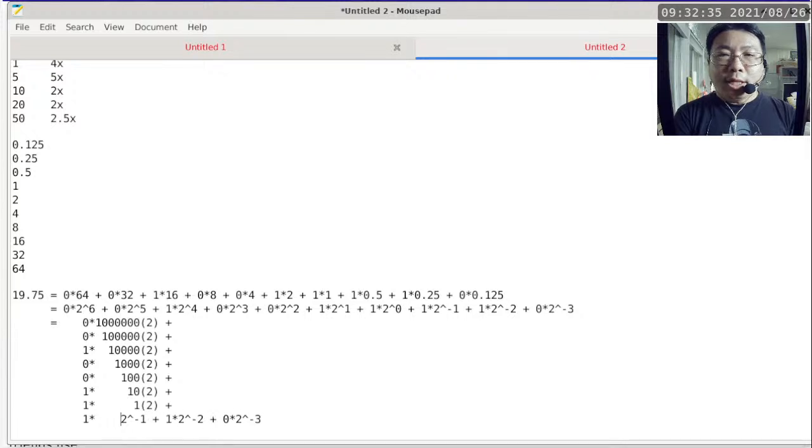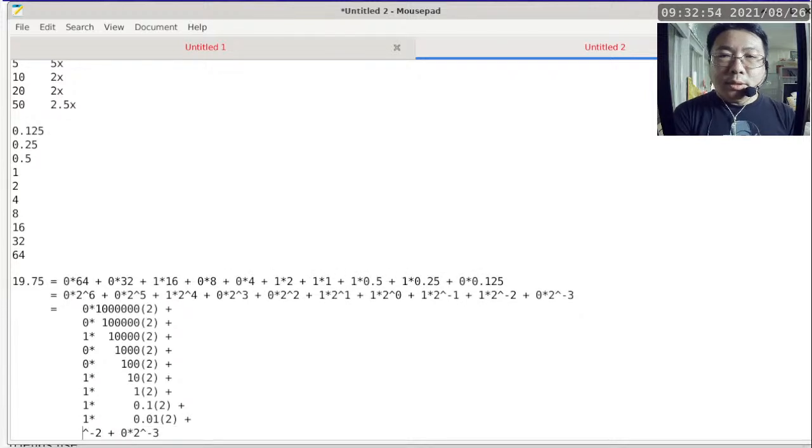So in this case, we can now say, oh, okay, so that means this is 0.1 in base 2, and the next one up is also a 1, and this one is 0.01 in base 2, and then the next one up is a 0, and the quantity that it needs to be multiplied by is 0.001 in base 2, just like that.